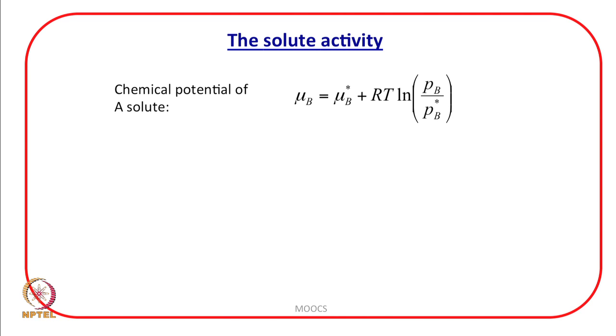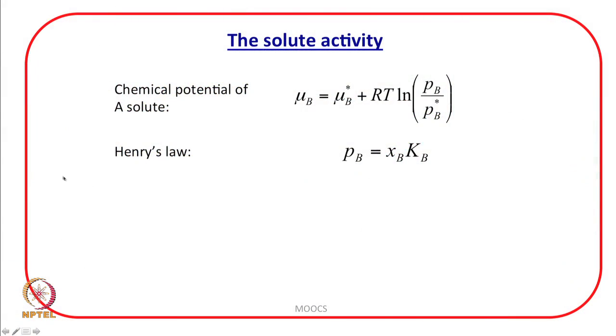However, we know that in a dilute solution, the solvent obeys Raoult's law and the solute obeys Henry's law. So, for an ideal dilute solution, we will assume that condition and write Henry's law. Henry's law was that the vapor pressure PB is equal to mole fraction times the Henry's law constant, and this is what we will substitute in the upper equation.